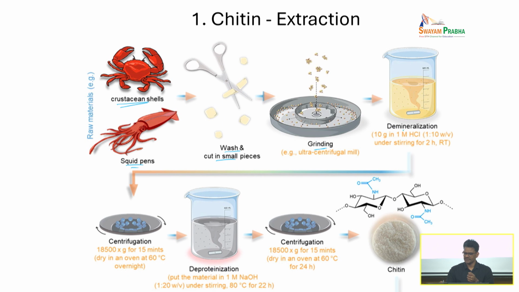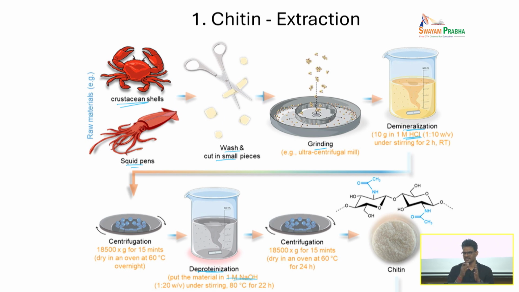And so the first thing is to do what is called demineralization, which is basically washing with acid, 1 molar HCl added, and then at room temperature it is stirred, and then you centrifuge and separate the precipitate. And then the second process is deproteinization, for which you use what is called an alkali treatment.